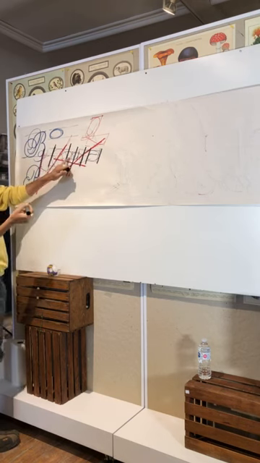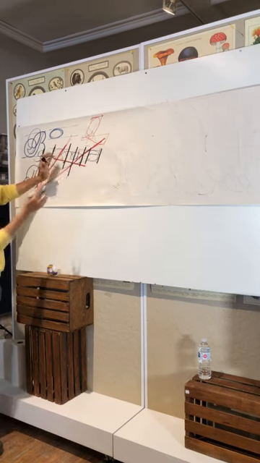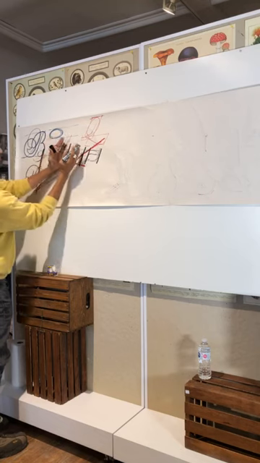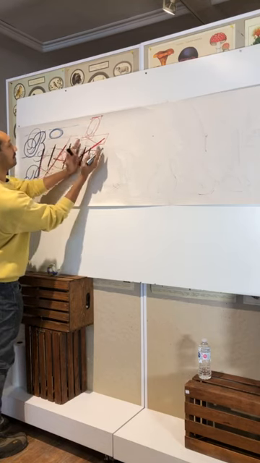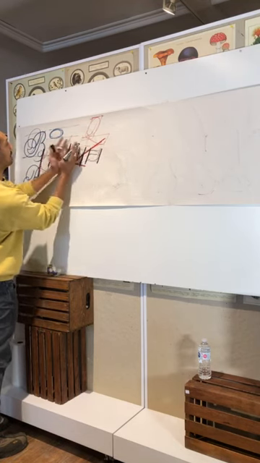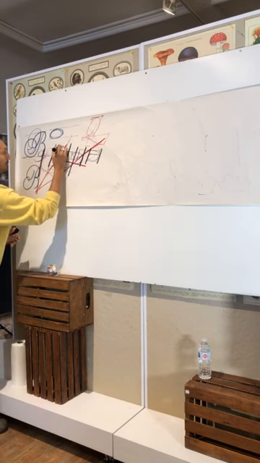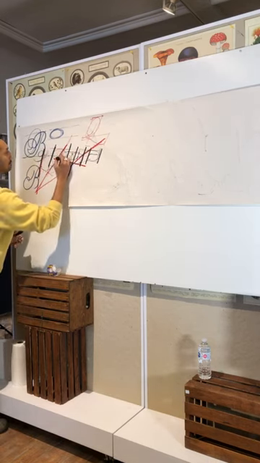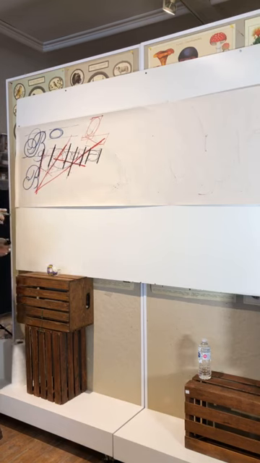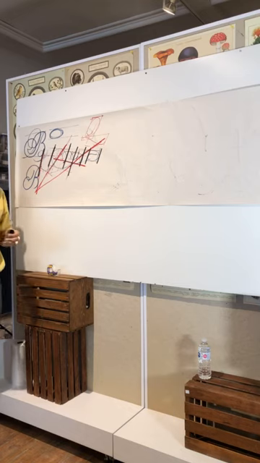These are smaller, but look at the relationship of here to here, half, and then half, and then half, and then half. And a third and a third. So you really start to see how this works.